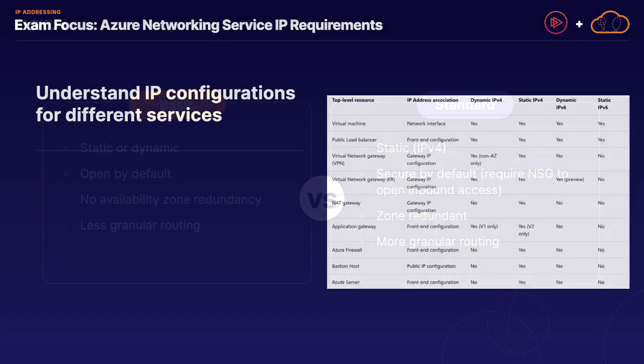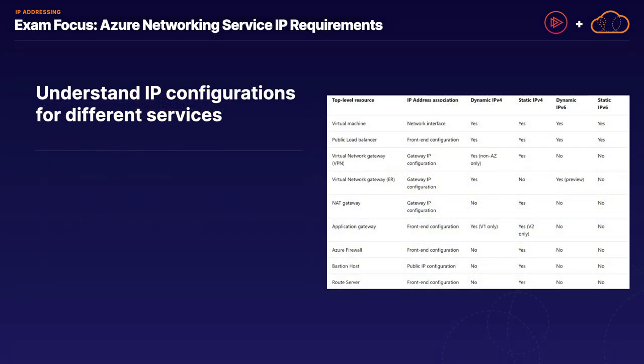Now, let's take a look at a specific exam focus, which is going to be an ongoing topic throughout this course that you need to be familiar with when it comes to different managed services on Azure. There is going to be an exam requirement that you understand different types of IP configurations that are possible or required for different managed services. And we have a little bit of a preview on the right side.